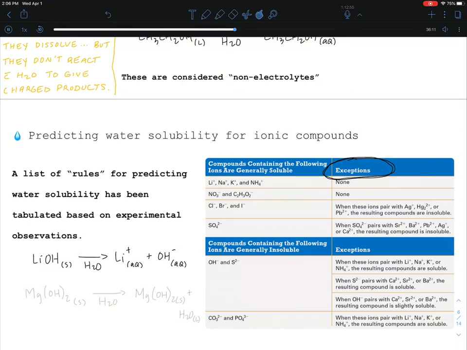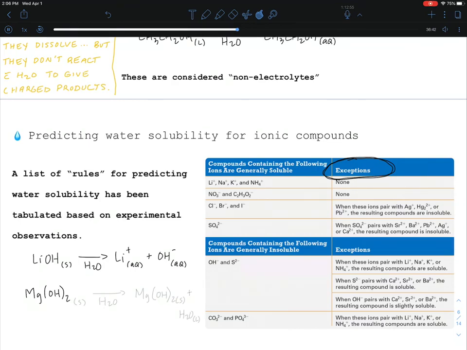Like, for example, let's see. How about magnesium? So hydroxide typically will have a -1 charge. Magnesium takes on a +2 charge.